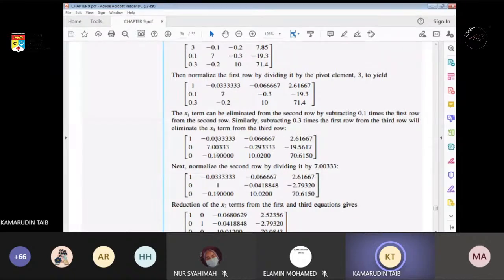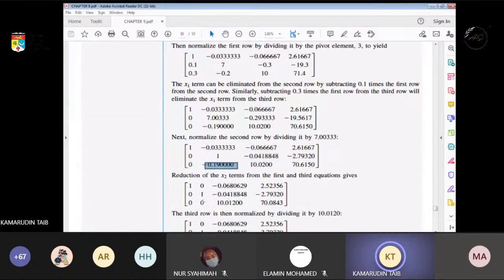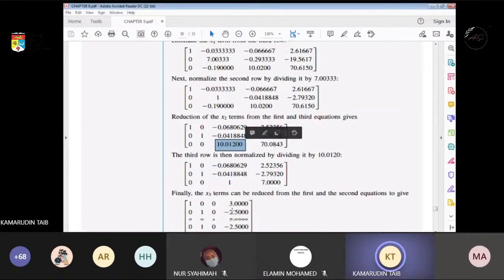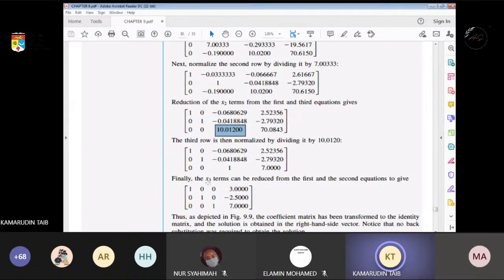Next you make this one 0, like that. After doing that, you divide this element by itself to make it 1, sorry, and then perform further calculation.